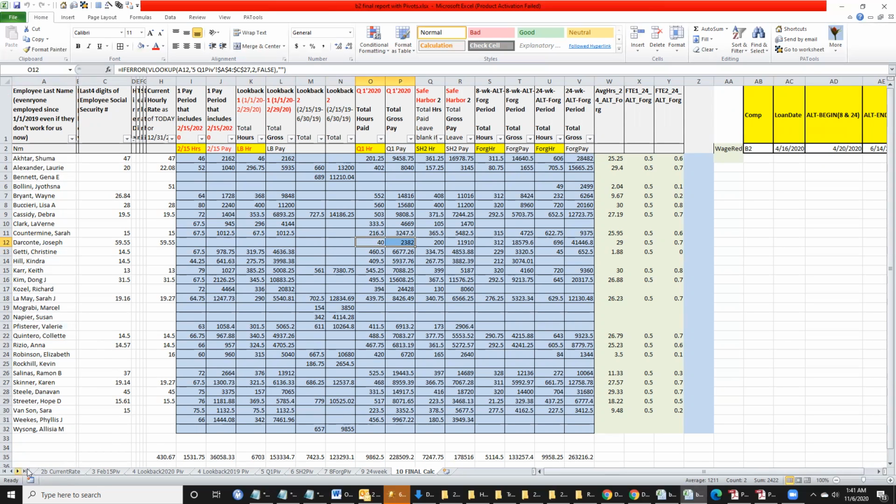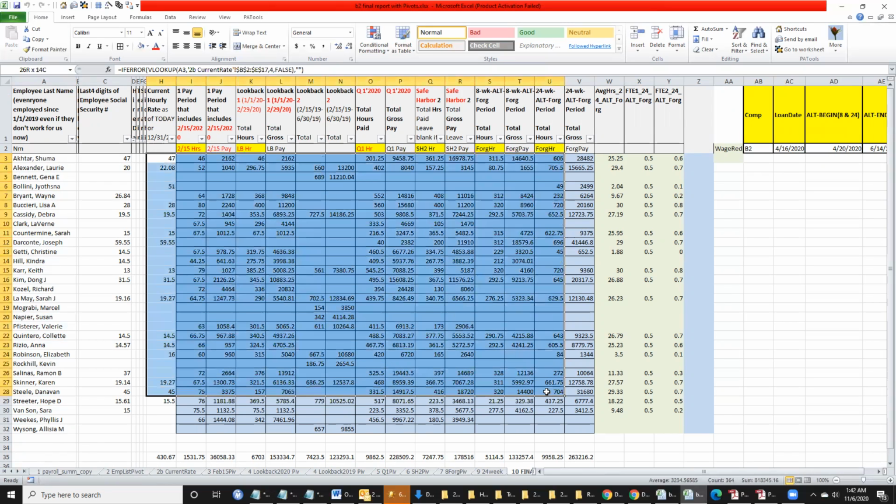So we can actually look at the payroll summary. We will find this person started working for the company after the February 15th period because we do see some hours in quarter one. We do see hours in payroll for the forgiveness period. So essentially, from all those pivot tables I created, this is the data that was pasted.